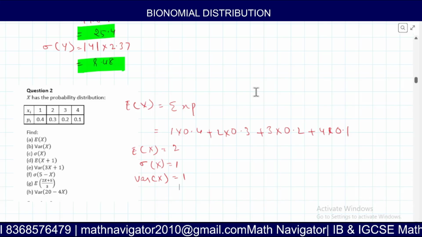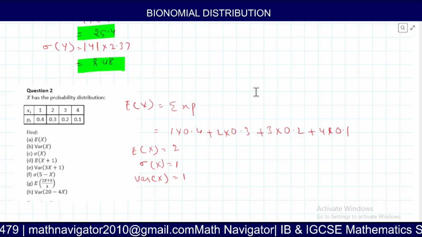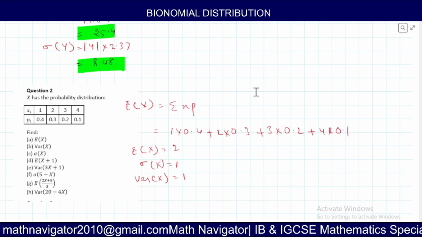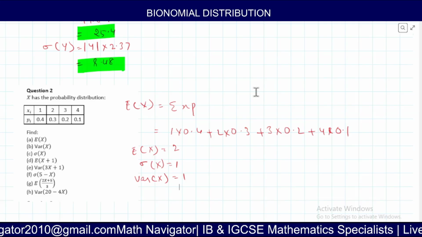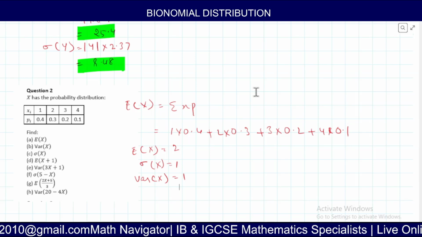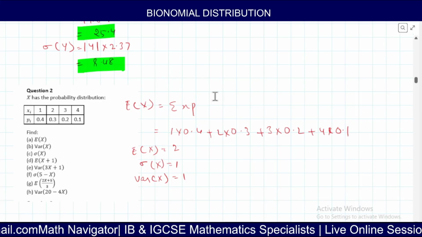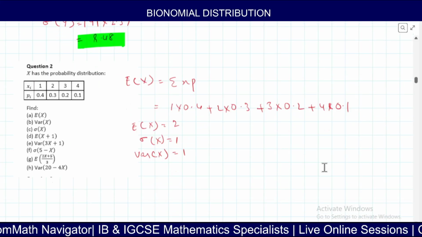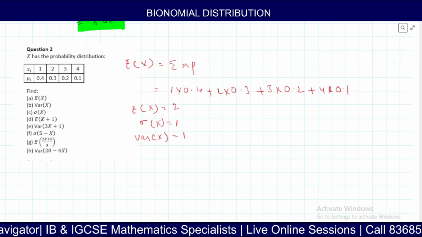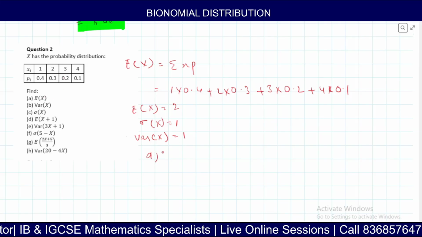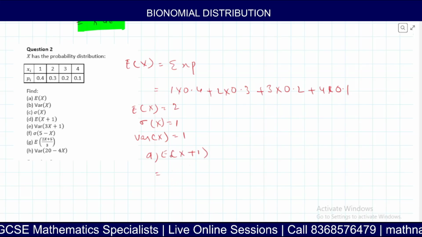Now we have to find the expectation of X plus 1. So we know the formula. Let's do the C part. We have done A, B, C. The D part is expectation of X plus 1.